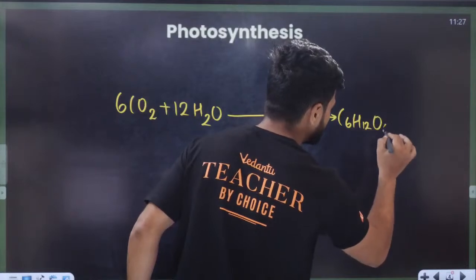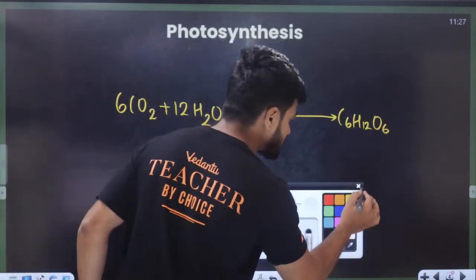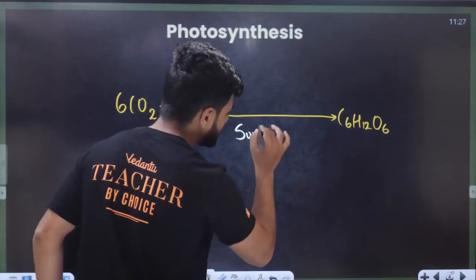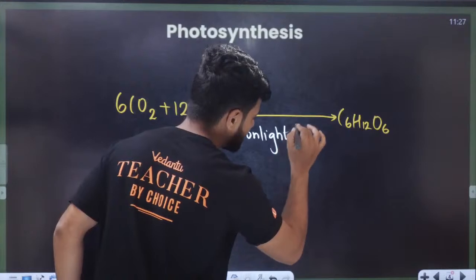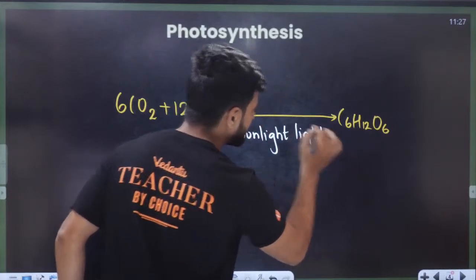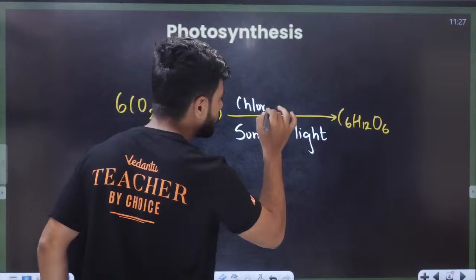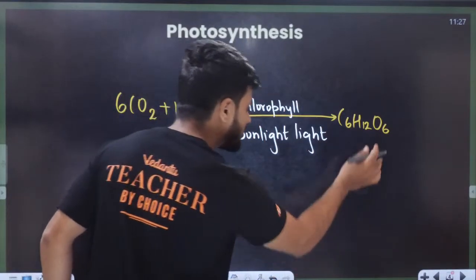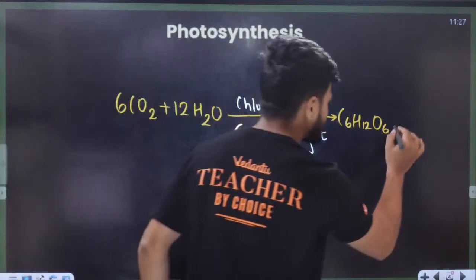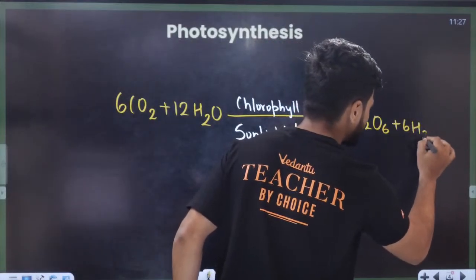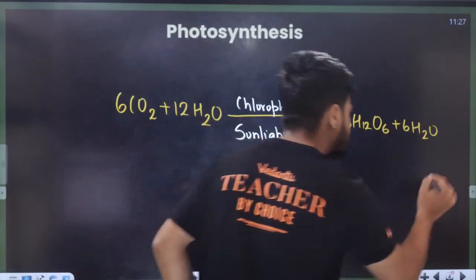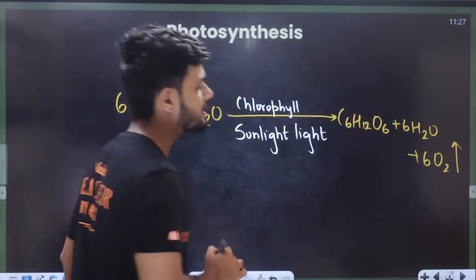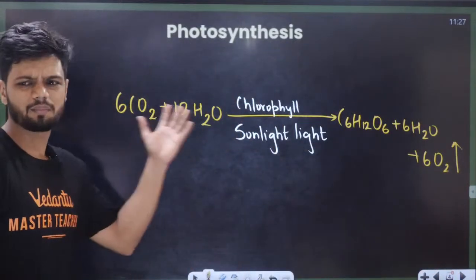It's getting converted to glucose in the presence of sunlight, as well as in the presence of chlorophyll, and what are the byproducts? Tell me, students. The byproducts are again water as well as 6O2, which is released as a gas. This is your famous equation.